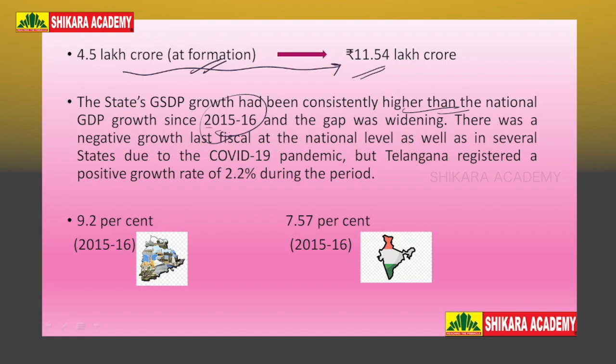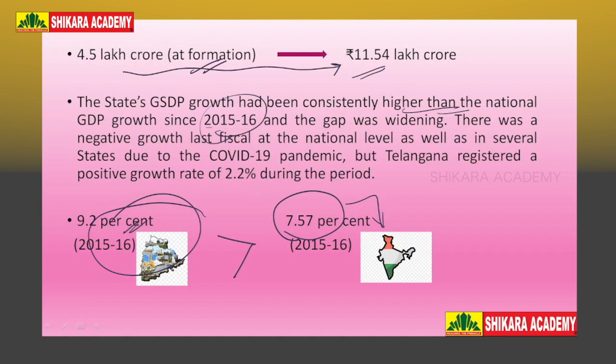So this increased growth rate of Telangana is not just for this year, but it has been consistently higher than India's GDP since 2015-16. In 2015-16, the growth of Telangana was 9.2% when compared to 7.57% for India. Since then, the growth of Telangana has been higher than that of India.